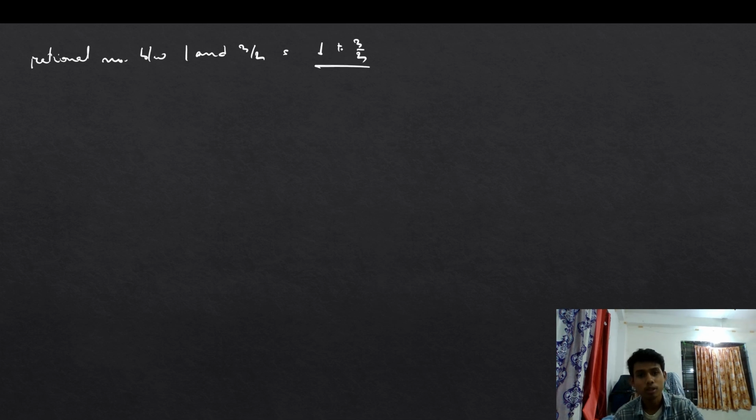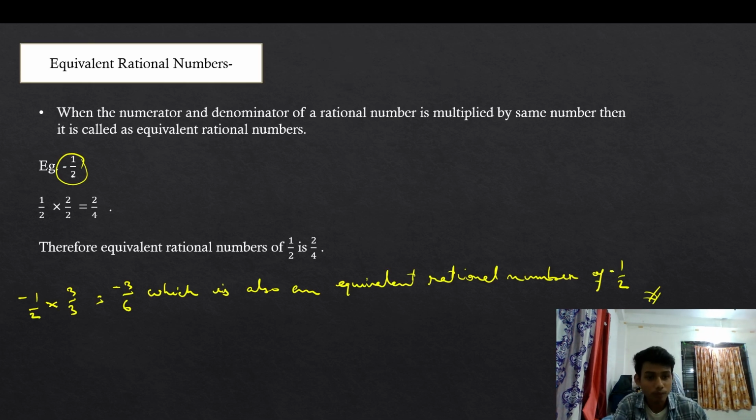Then the rational number between 1 and 3 by 2 will be equal to first number, that is 1, plus second number, that is 3 by 2, whole divided by 2. Now the 1 we have in the form of a whole number and 3 by 2 in the form of a rational number. Now from the theorem of equivalent rational numbers, if we multiply the same number on both numerator and denominator of any fraction, we will get its equivalent rational number.